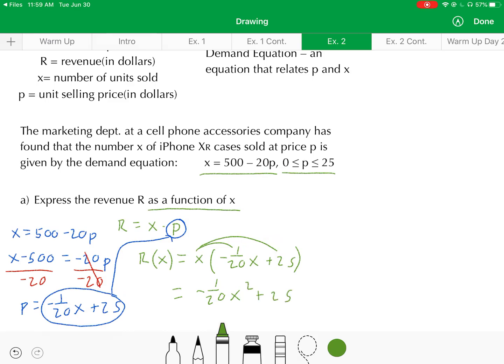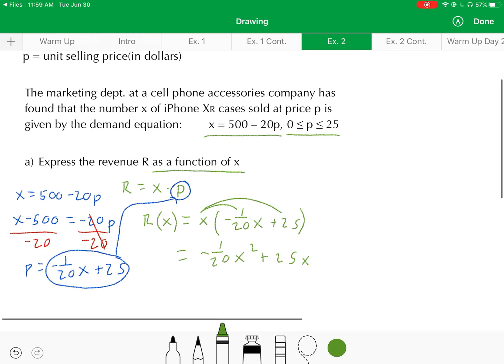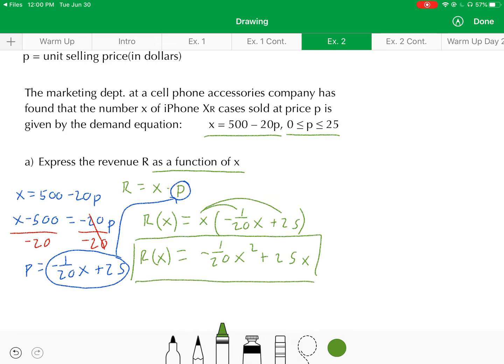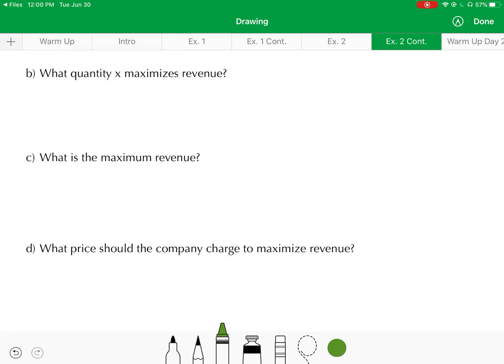And notice what it gives me. It's giving me a quadratic function here, to represent my revenue. Now the revenue is expressed solely in terms of the number of items we're selling. Okay, so now we can do a few things with it.